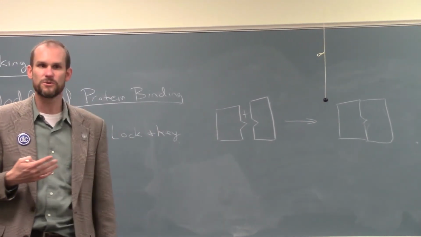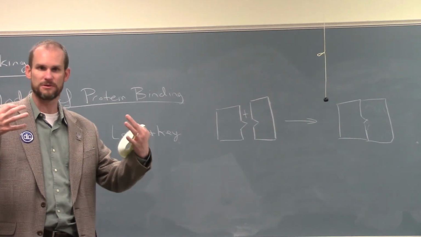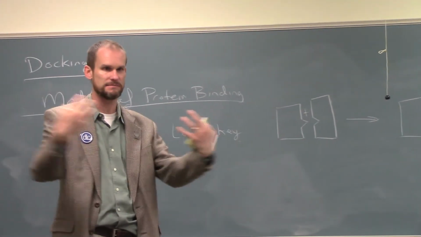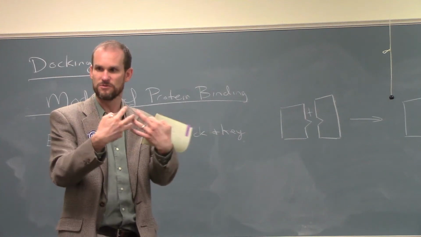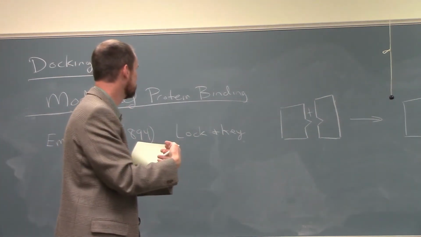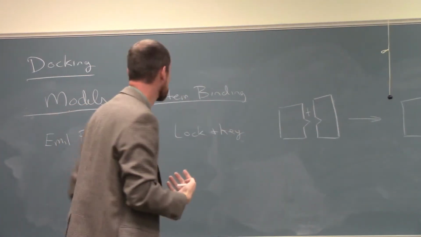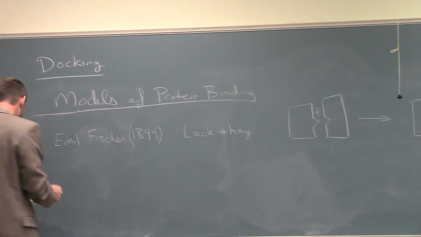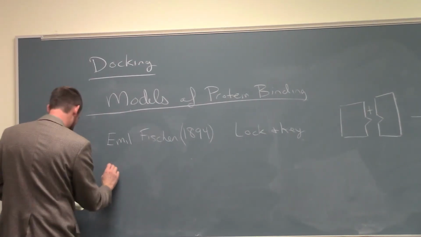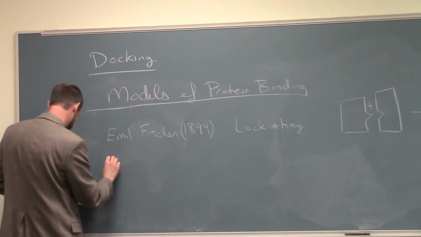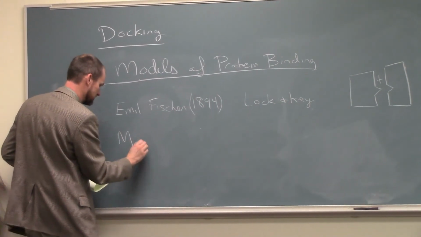This is kind of what we do with the rigid backbone assumption. We assume the backbones are the same, and things come together, and they don't move, and they should fit. Except for the side chains. The side chains are moving, but at the scale of the backbone, we're assuming a rigid lock and key.